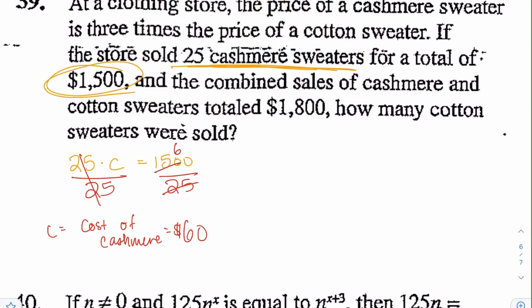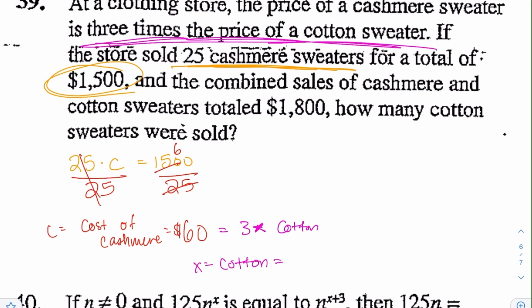Now, the $60 is 3 times the price of a cotton sweater. So the cotton sweater, which we can call X, is equal to $20 because 20 times 3 is equal to 60.